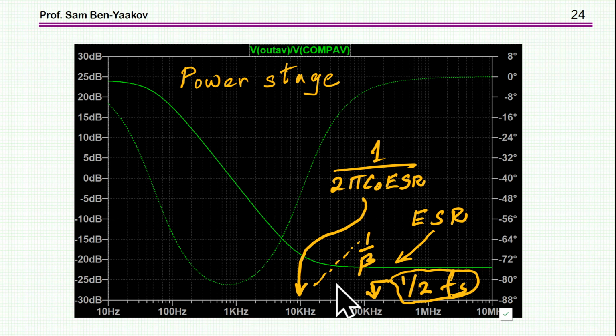Now I'm showing here what I call 1 over beta. This is a method that I'm using in order to examine and design the compensator. And you can look up, I have a number of videos on YouTube which explain this approach.